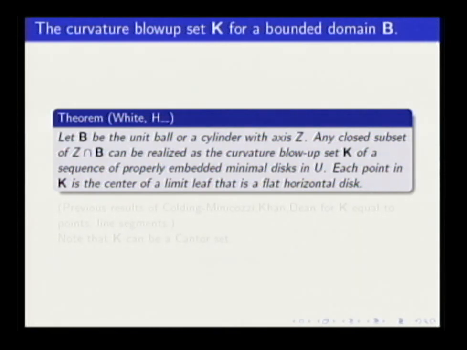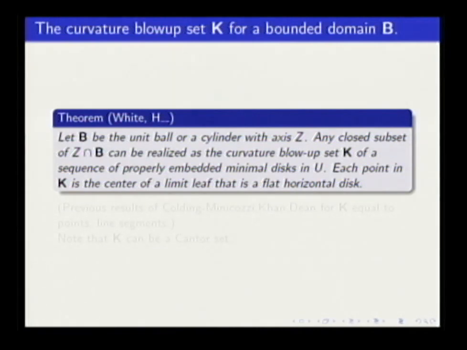Brian and I proved a number of years ago, in the simple case where you take the unit ball, or let's say a finite solid cylinder, I'll call that B, with axis Z. So it's a region in space that's invariant under rotation about the axis Z. Take any closed subset of Z, relatively closed subset of Z, it can be realized as a curvature blow-up set.